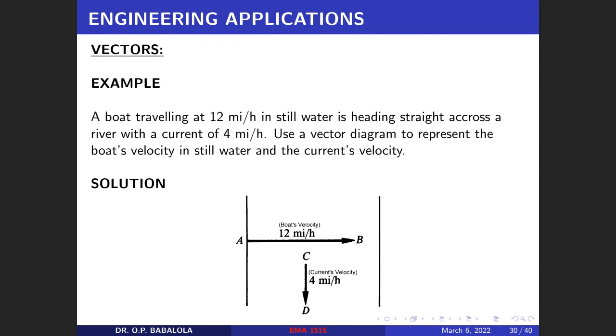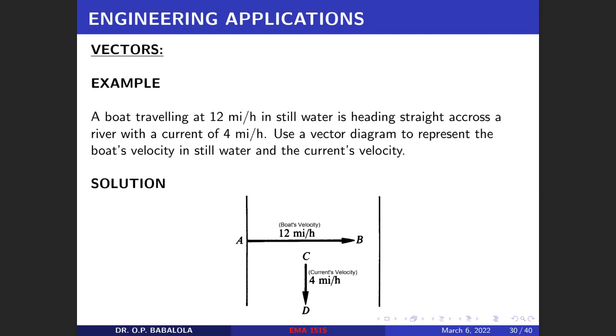Let's look at the example where we have a boat traveling at 12 miles per hour in still water. And the boat is heading straight across the river with a current of 4 miles per hour. Before I go to the solution, I want to point your attention to this.